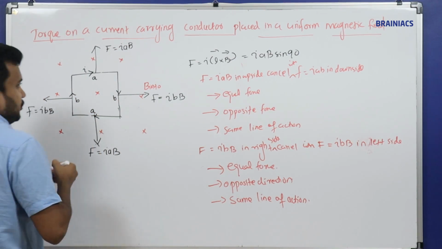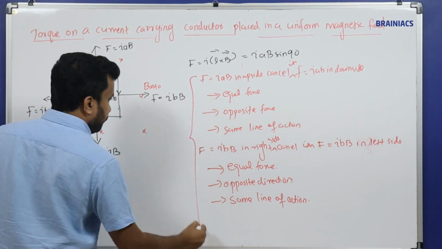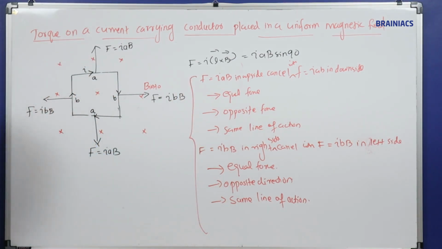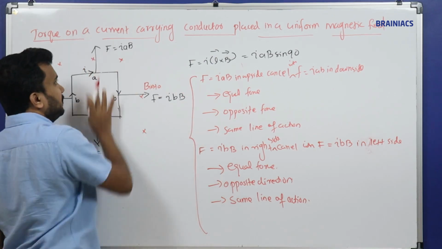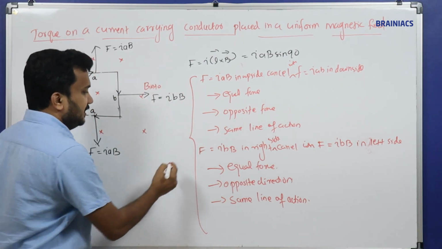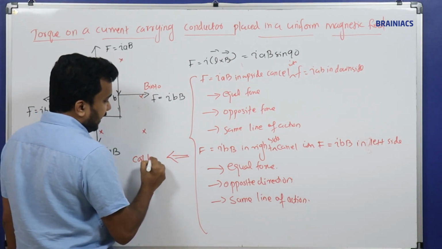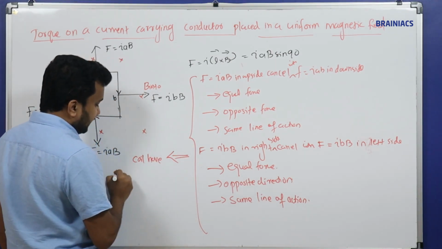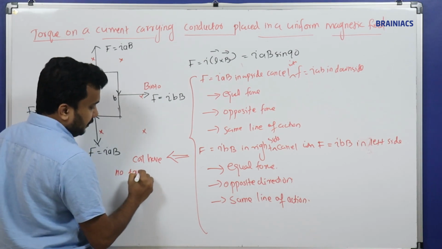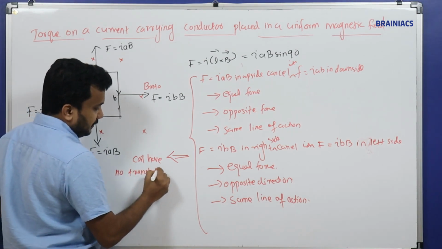So based on these two points, in total there are four forces acting. Two with two, this with this and this with this, will cancel each other, and the coil has no translatory motion.